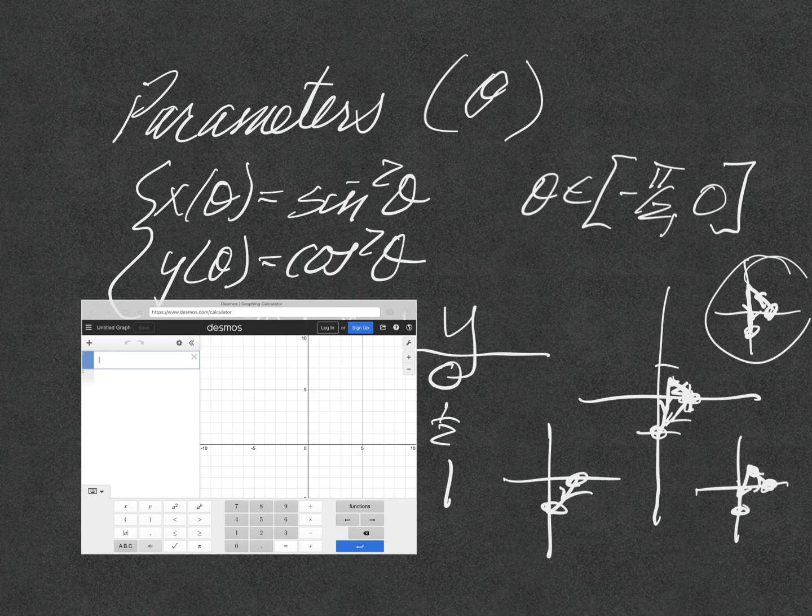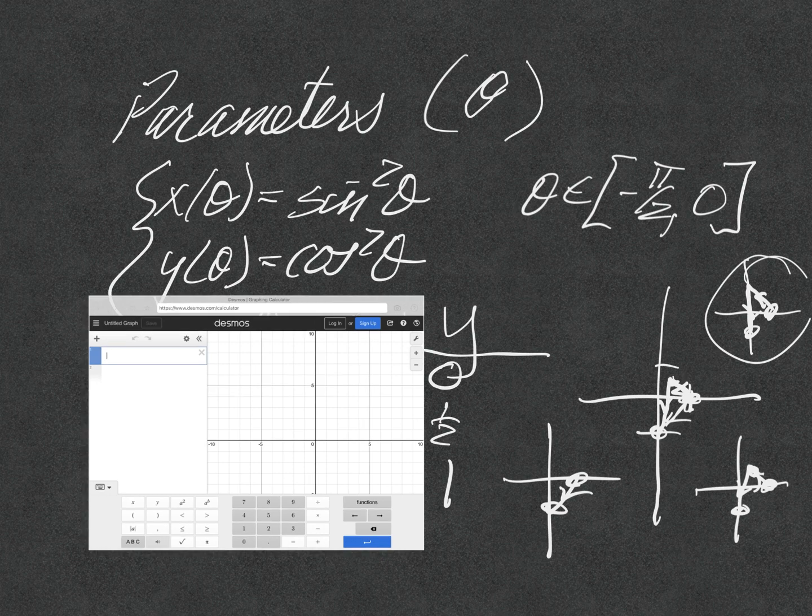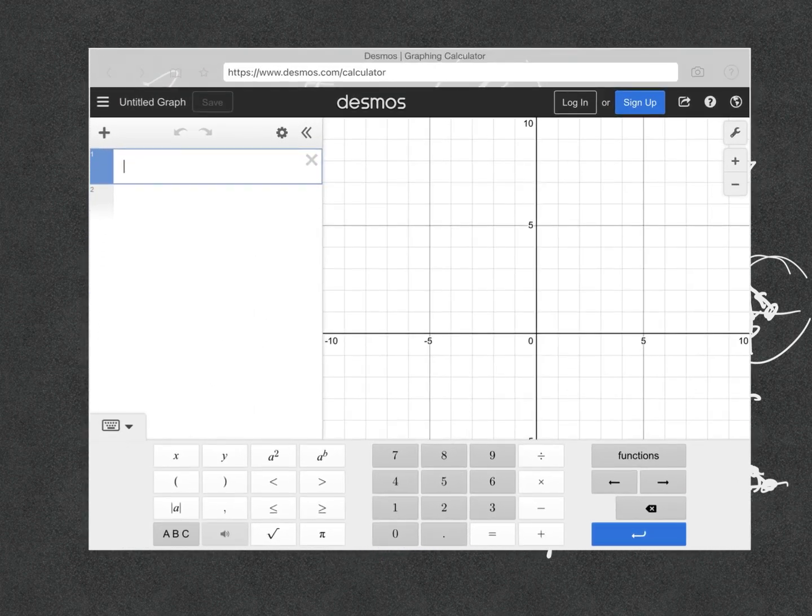So 0, 1 is going to be above the x-axis. I apologize for that. Everything's going to be on that diagonal line. Okay, so now let's go to Desmos and work on putting in a function.